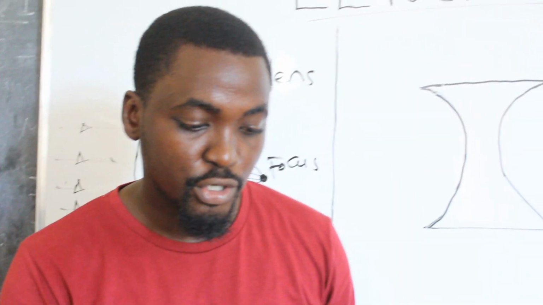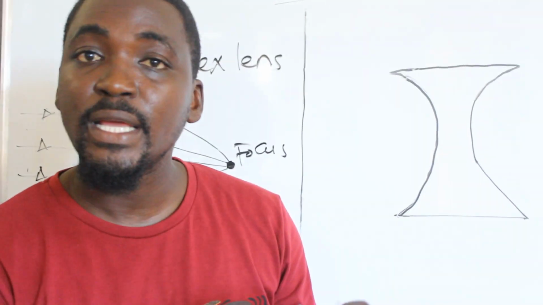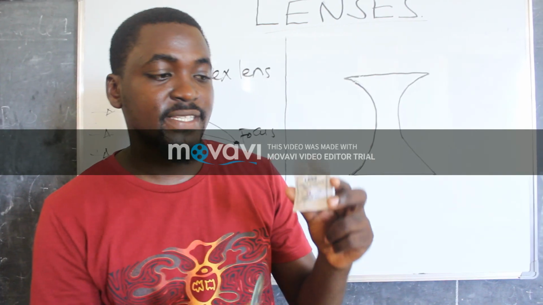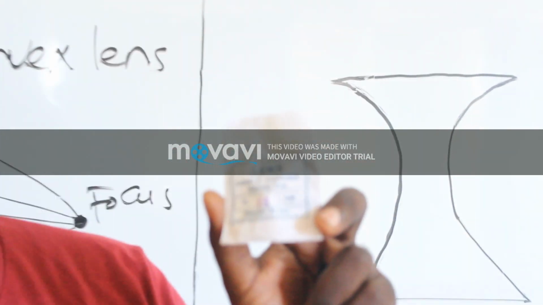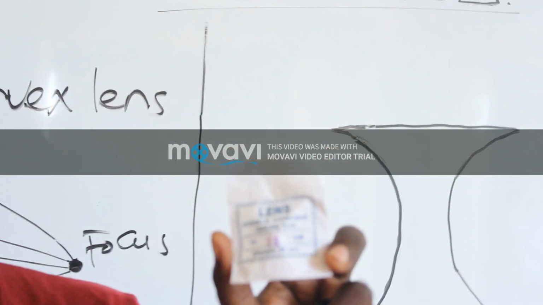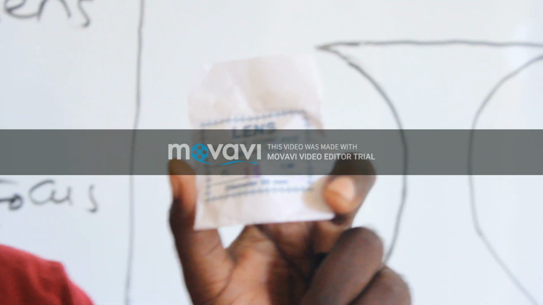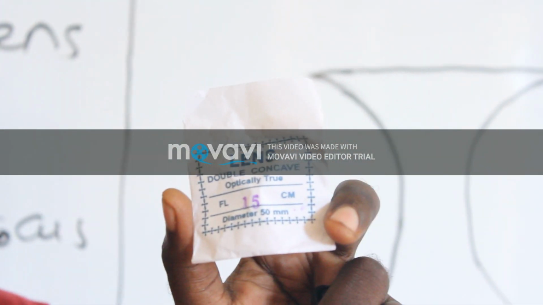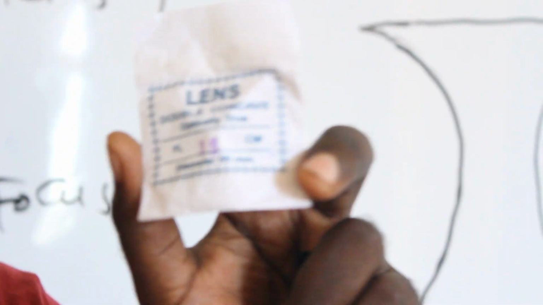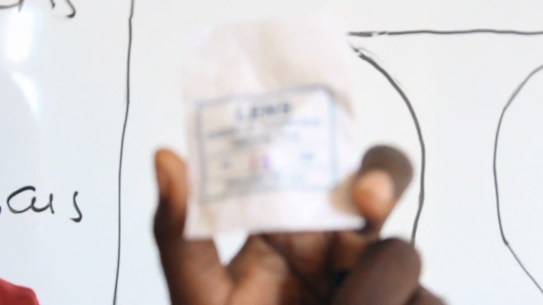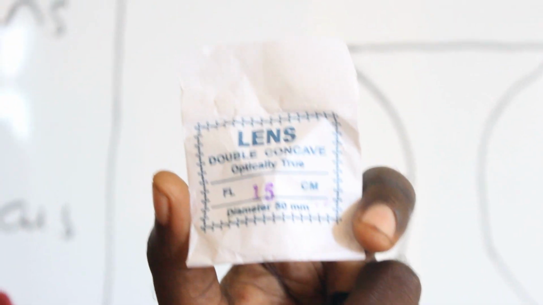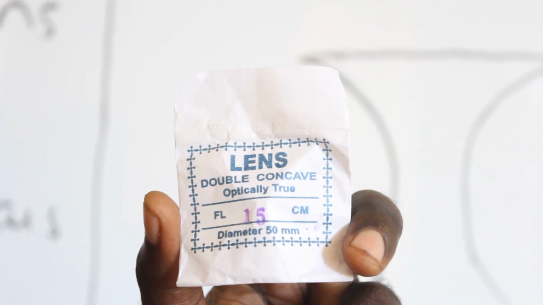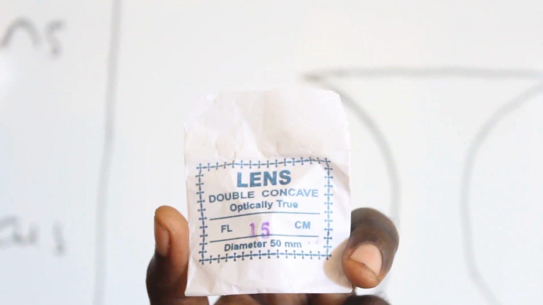Now I'm going to show you how it can magnify things. For example, here there is a word written, lens. It is normal in size, but it will appear big when we put the convex lens, because the convex lens is used to magnify things. Now let me put the convex lens towards it so that we can see what will happen.